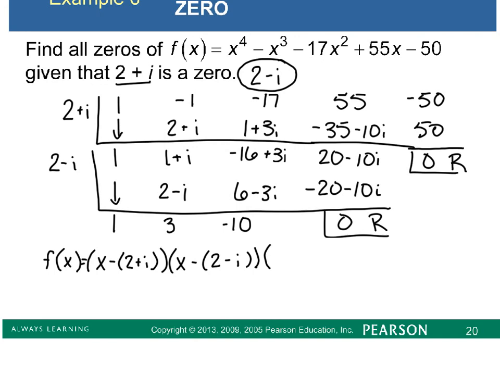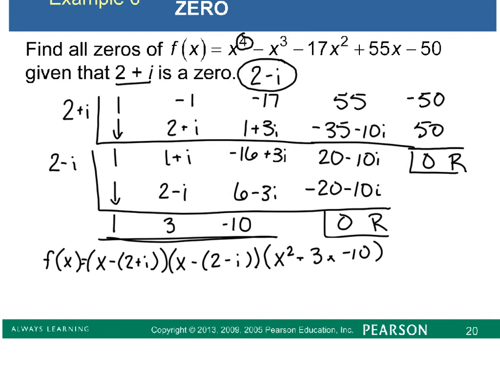And then what's left over comes from here. The 1. So we factored out 2 zeros, or 2 factors. So we're going to subtract 2 from our exponent of 4 to come up with the rest of our polynomial. So 1x squared plus 3x minus 10. Because it's descending order, just go from the powers to 1, none.